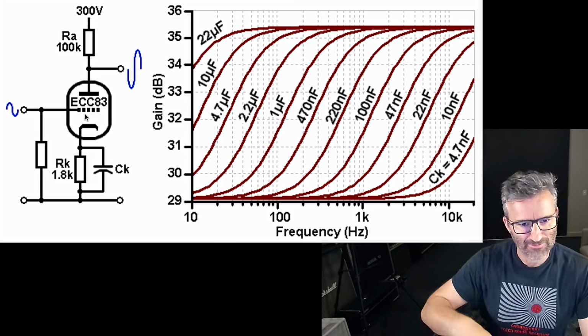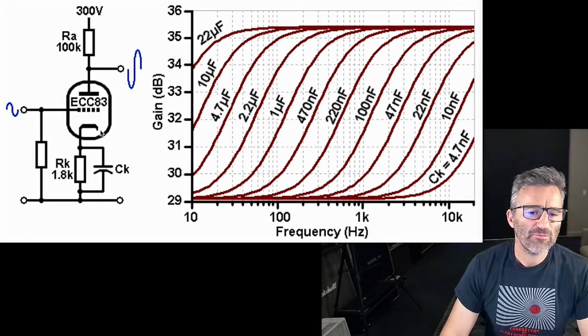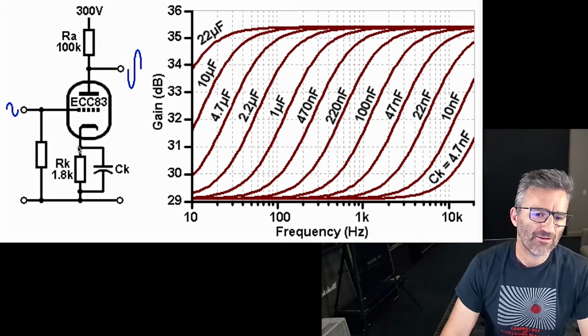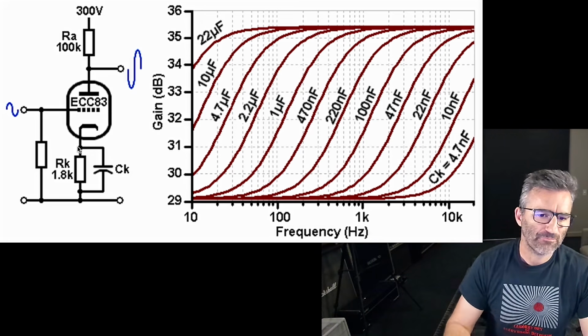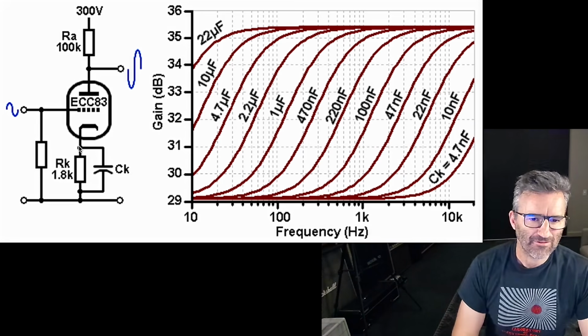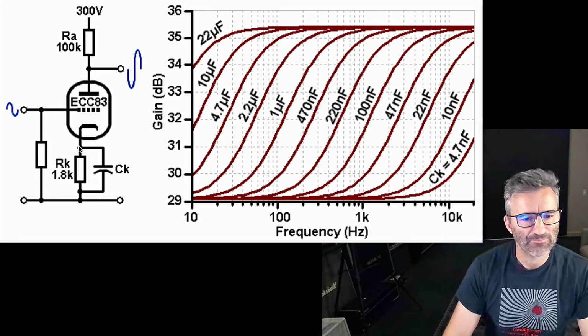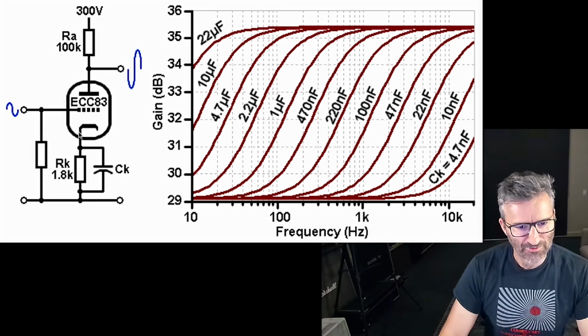More and more gain out of this gain stage, more and more current. That means the voltage here at the cathode is actually going to go up. It's not actually going to sit there at the bias point at idle. It's actually going to move up as we draw more current through this thing.